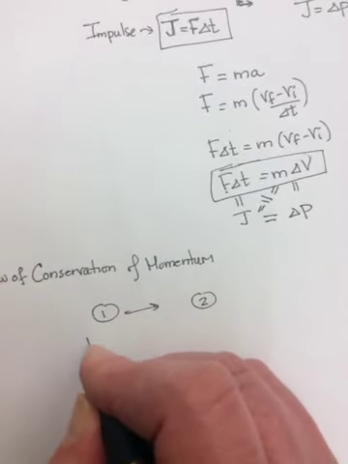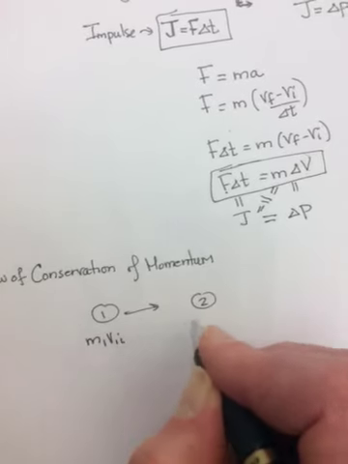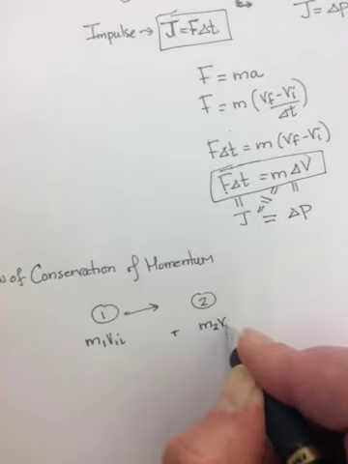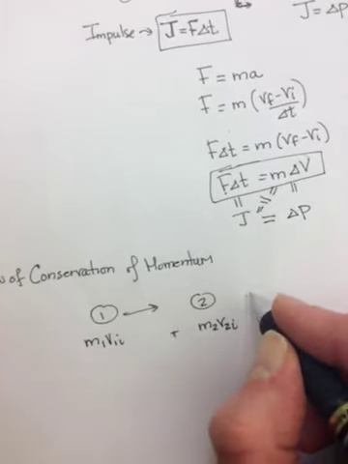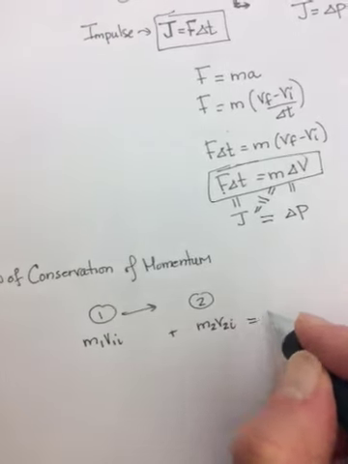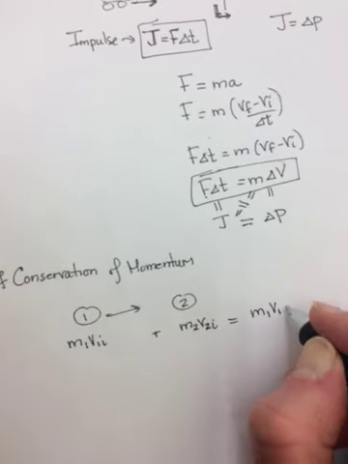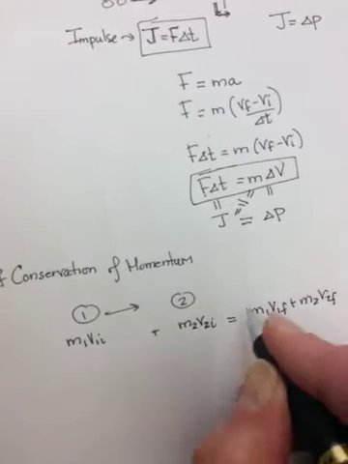So whatever the momentum was of the first one initially, m1v1 initial, plus whatever the momentum of the second one was initially, m2v2 initial, after the collision, they must also be equal. The sum must be equal. So m1v1 final plus m2v2 final.